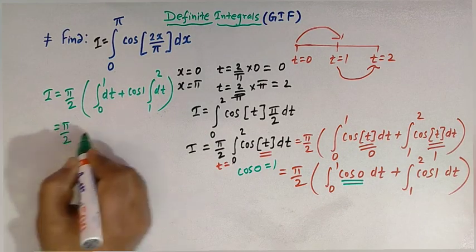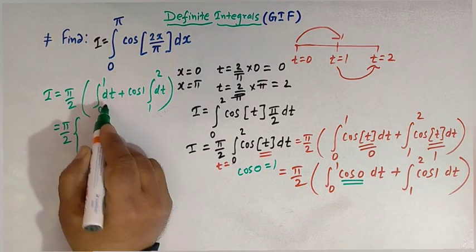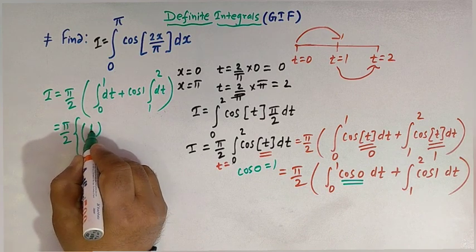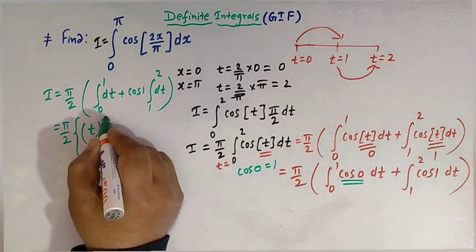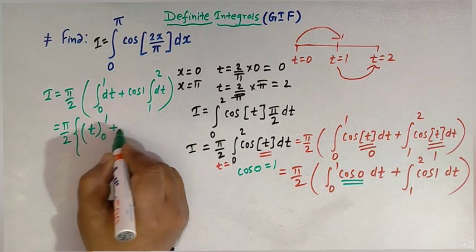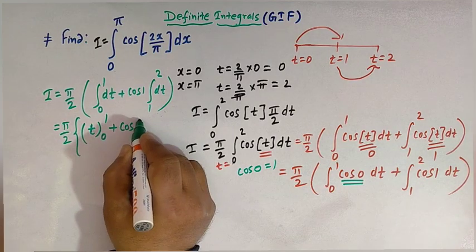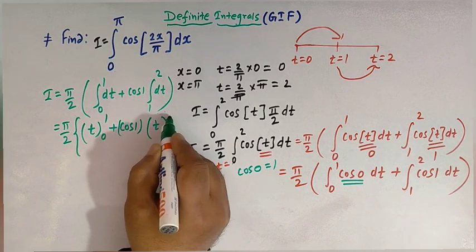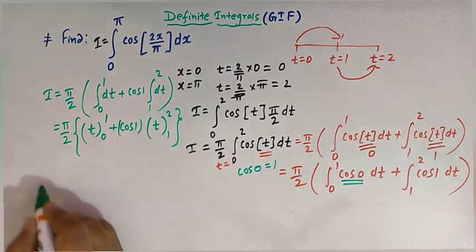So now we have pi by 2, and the integral of dt is t, so we have t with limits from 0 to 1, and here we have cos of 1 and t with limits from 1 to 2, right?